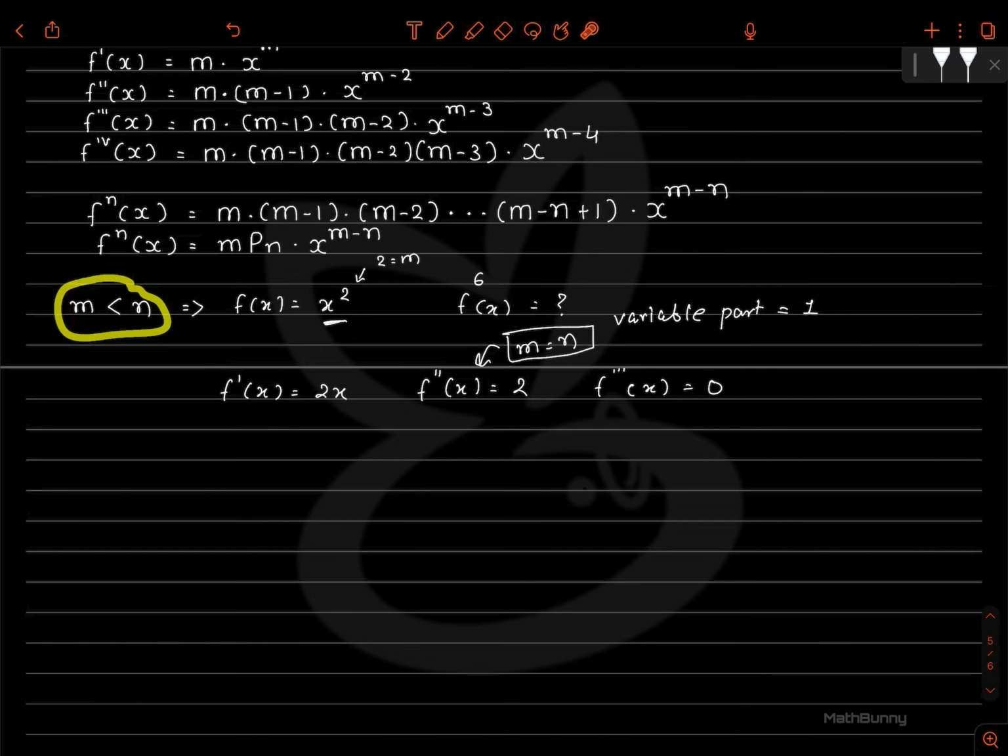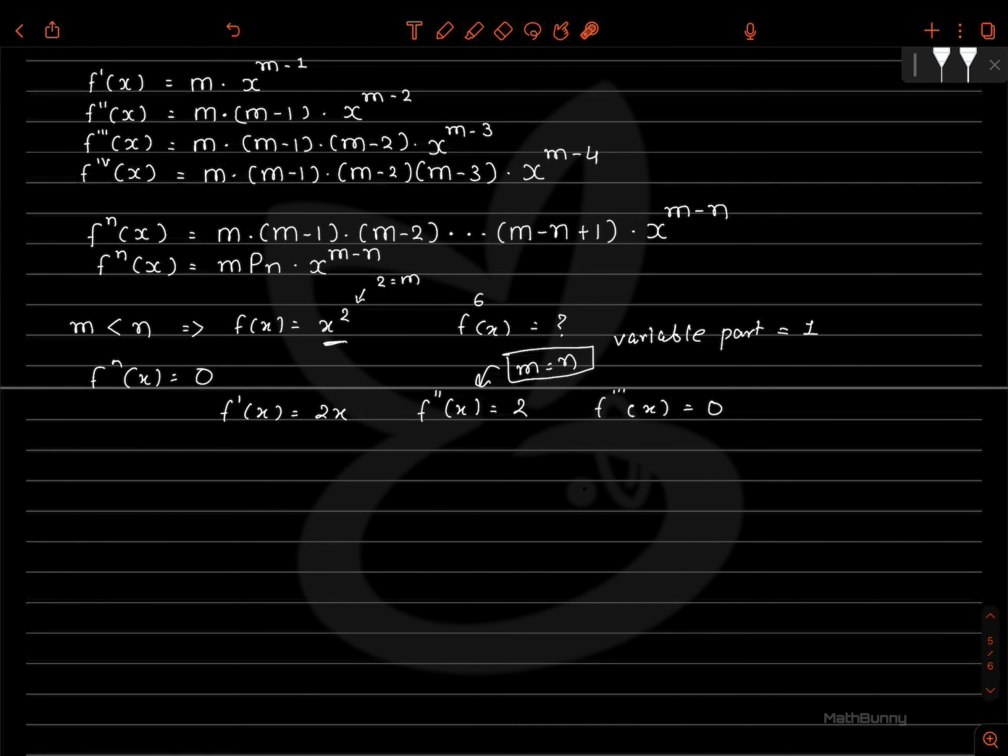So for m less than n, the nth derivative of this particular function would be 0.